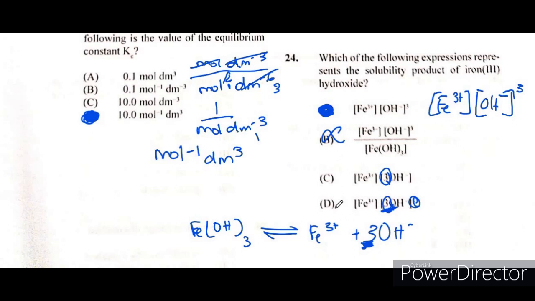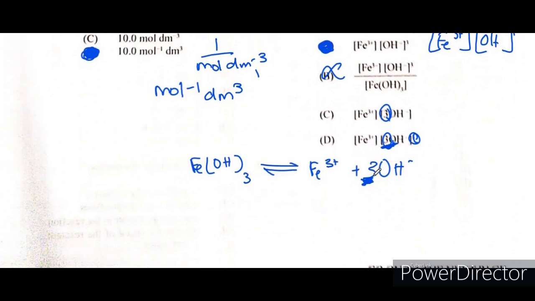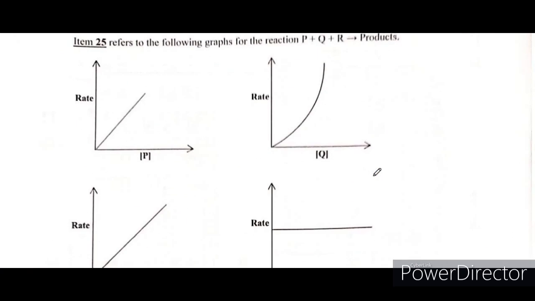So let's move on. 25. 25 refers to the following diagrams for the reaction P plus Q plus R. Here it's a rate versus concentration. The order with respect to P is first order here, second order.